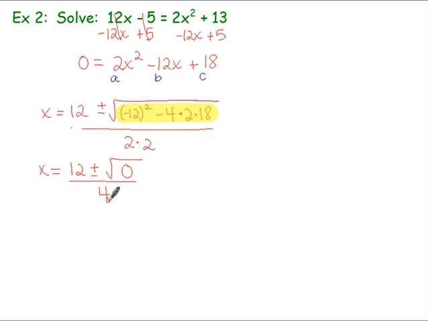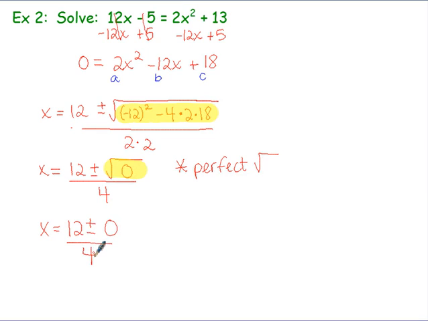Now, you want to check our square root. What's the square root of 0? Well, it's 0. This is, again, a perfect square root. So we have 12 plus or minus the square root of 0, which is 0, divided by 4.